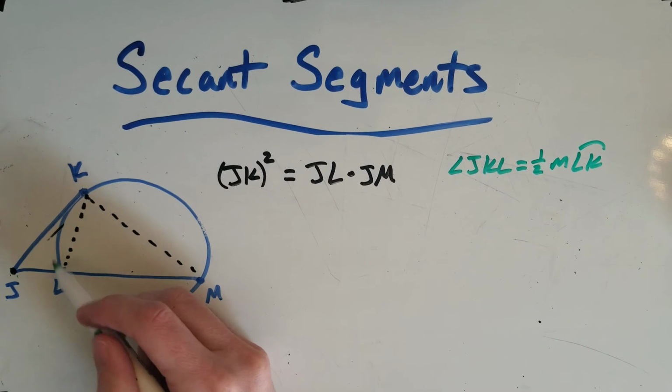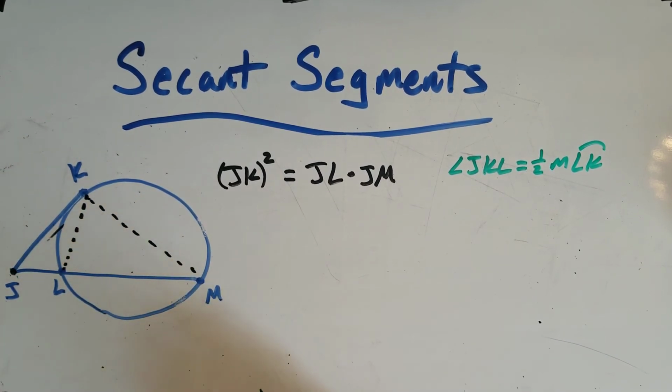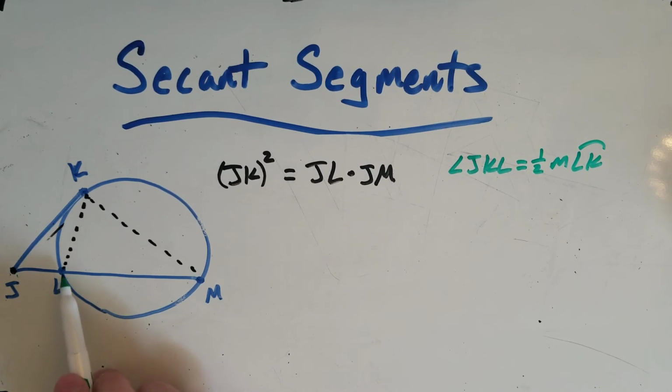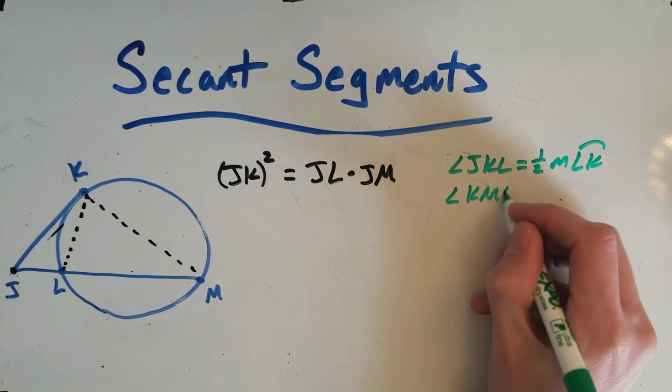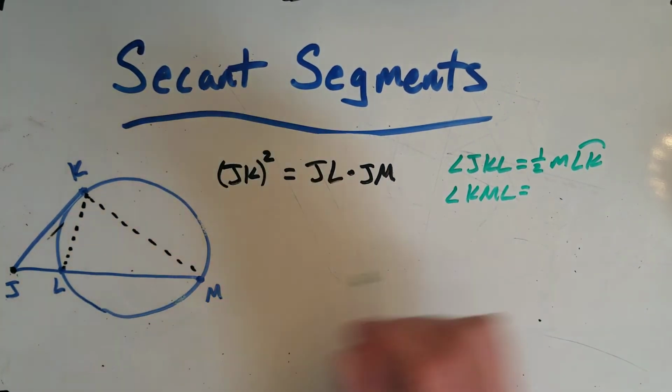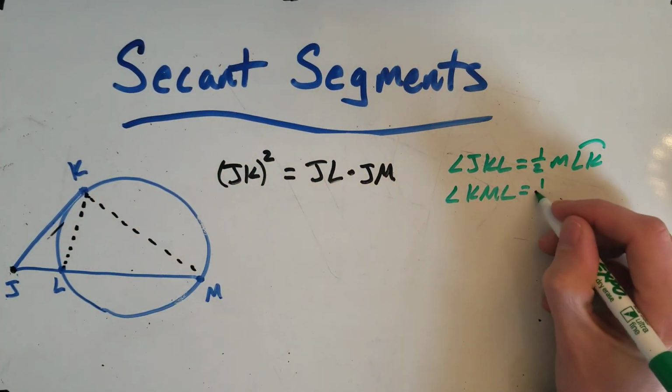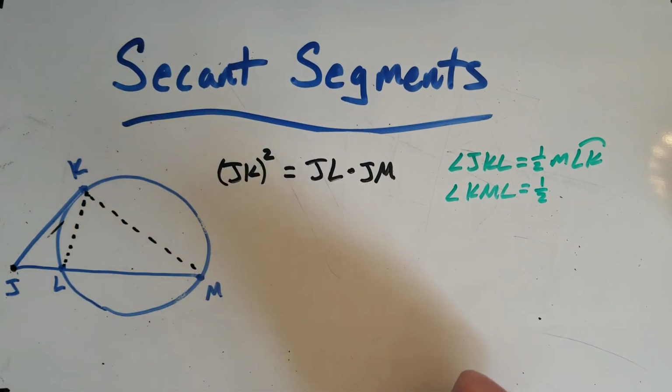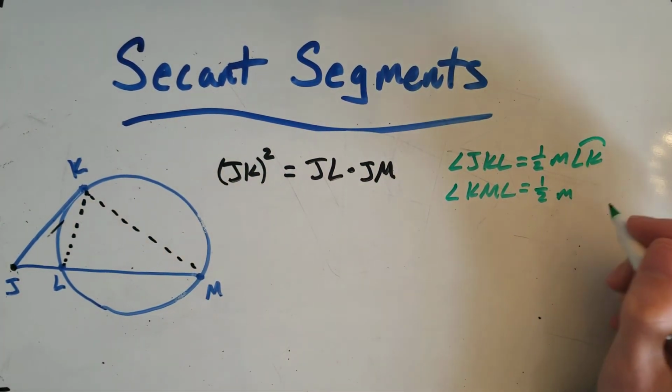JKL is going to be half the measure of the arc LK. And we also can look at angle KML. Because KML intercepts this arc, and the relationship of an inscribed angle that intercepts an arc is it's half the measure of that arc.